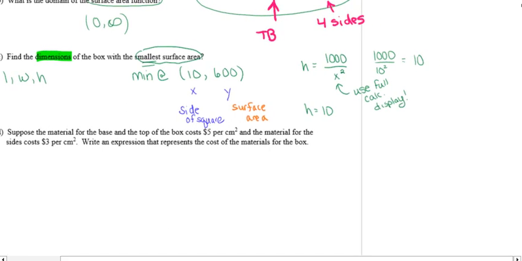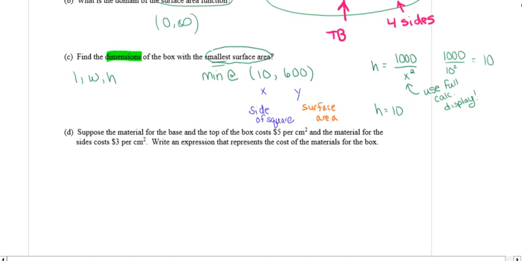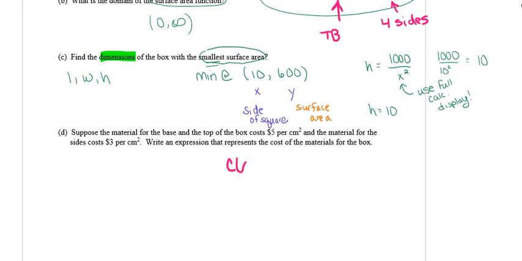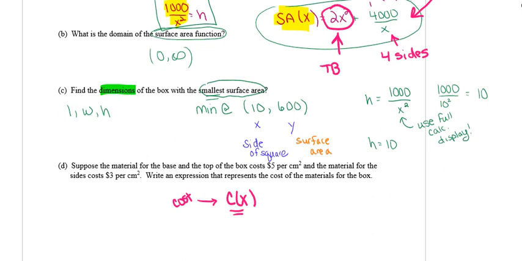So cost, now in terms of x, so notice that I've changed that to cost. $5 per square centimeter, so 5 times the area of the top and bottom.